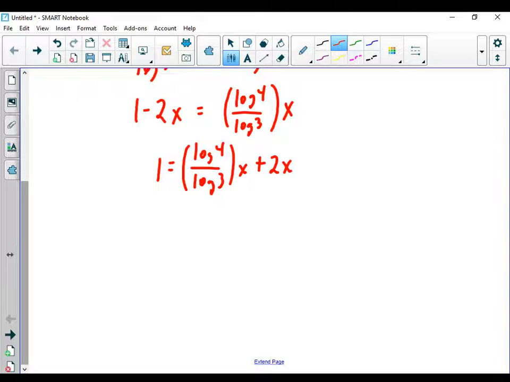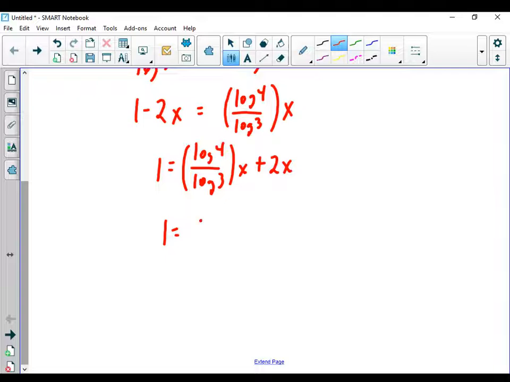All right, well, now I can start plugging things in. So this right side, I should say, we're going to combine like terms. So this is where I could punch in the log of 4 divided by the log of 3, and I'm going to take that answer plus 2, because I had an additional 2x.